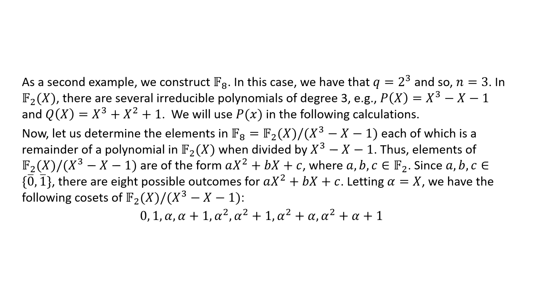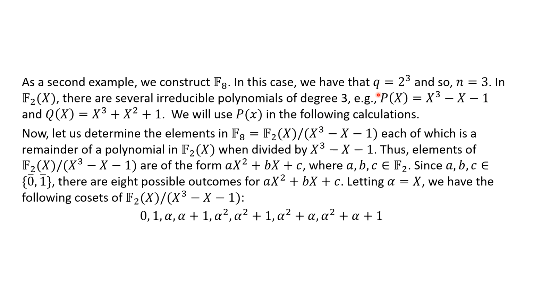For our second example, we're going to construct F8, so the finite group with 8 elements. In this case, we have q equals 2 cubed, and so n equals 3. In F2 of x, there are several irreducible polynomials of degree 3: P of x equals x cubed minus x minus 1, and x cubed plus x squared plus 1.